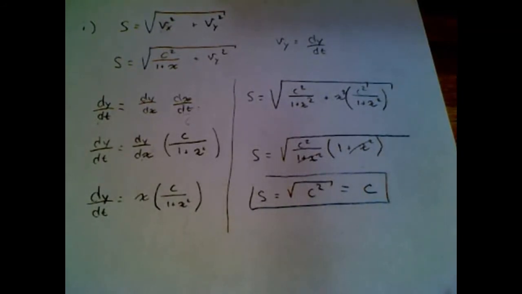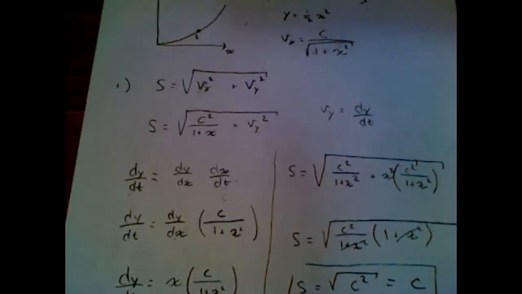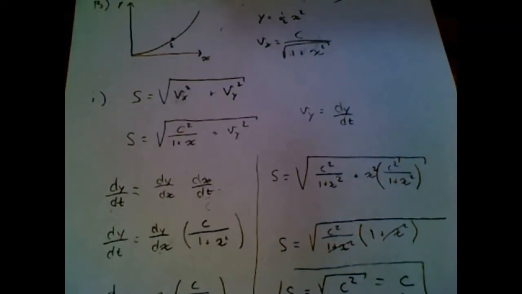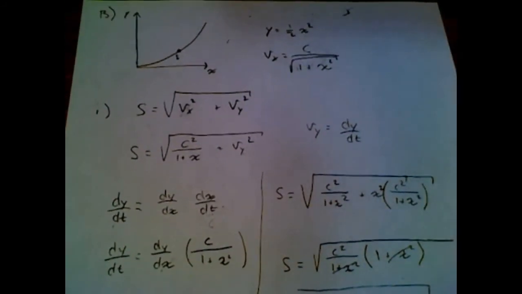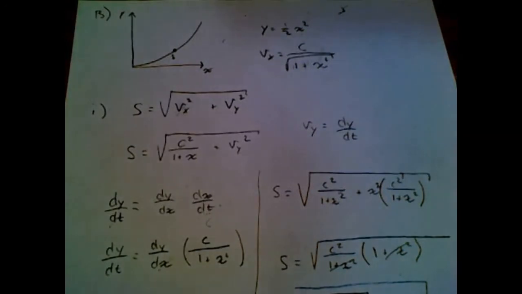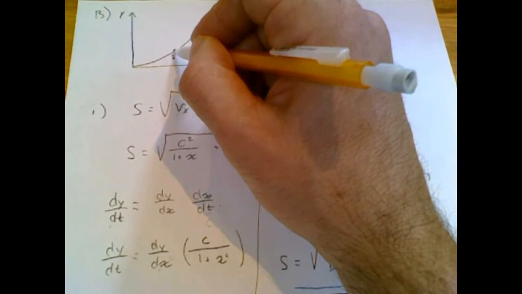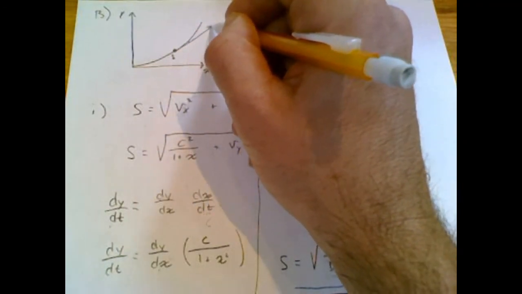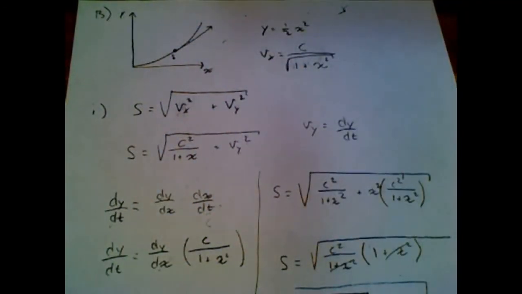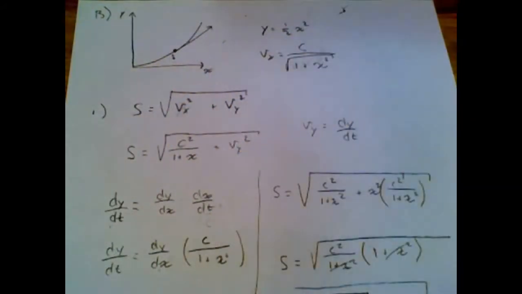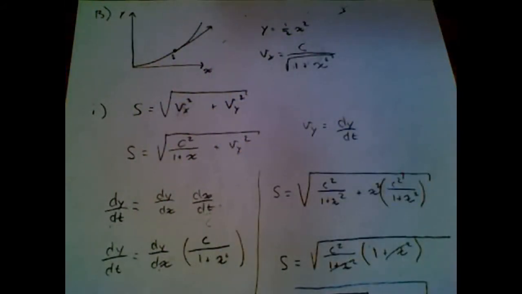Now for the diagram part of this question, it says on the diagram, show the particle's velocity and acceleration. So now I'm back to my diagram. I know this speed is constant. So I know by definition that the velocity is tangent to the curve, just like any curve. And this is a curved path. Well, what does that mean? What is a review of a curved path?